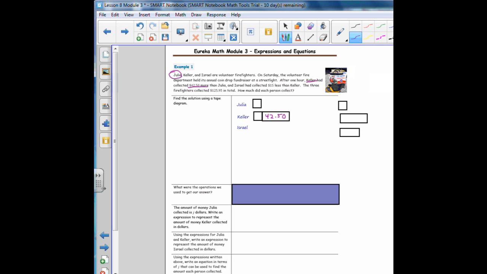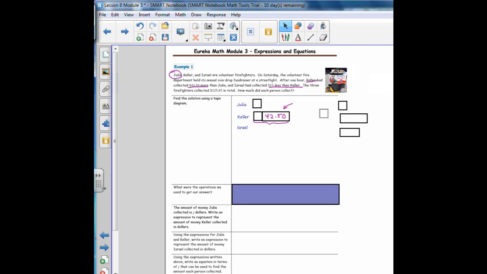So we'll go ahead and write $42.50 in that. Then Israel collected $15 less than Keller. So that means he collected $15 less than this amount. So if we take $15 off of the $42.50, then that will be Israel's amount.